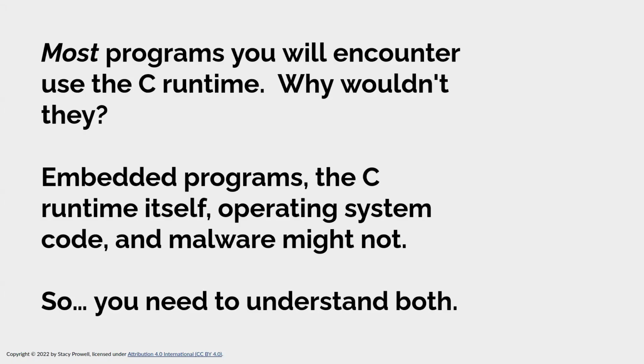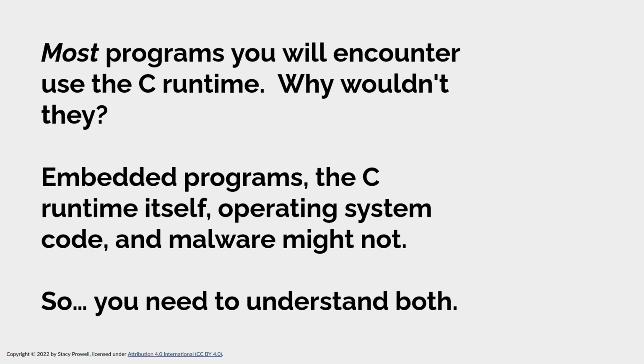Most programs you're going to encounter, even malware, even nasty malware, are going to use the C runtime because, of course, they are. Why wouldn't you, right? I mean, you're like, I'm going to hammer these nails in with my fist because it's harder to do it that way. No, you go get a hammer and use a hammer, right? Now, embedded programs, the C runtime itself, parts of the operating system, and plenty of malware I can think of don't use the C runtime.